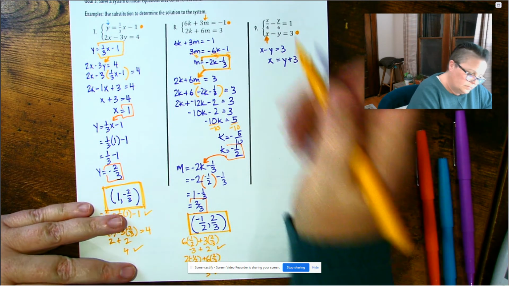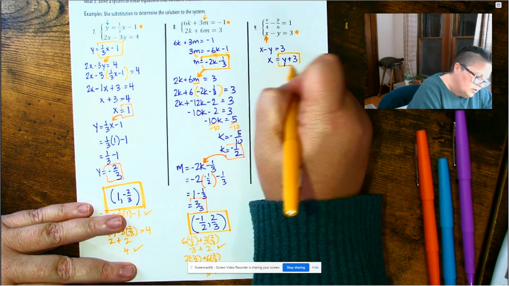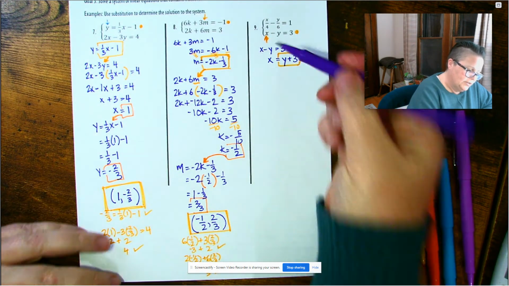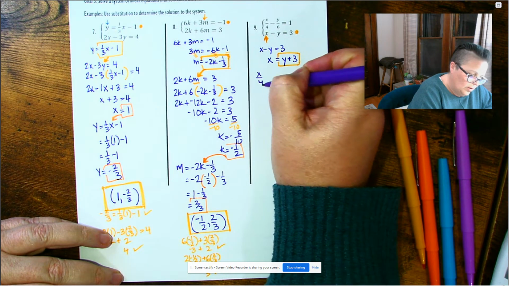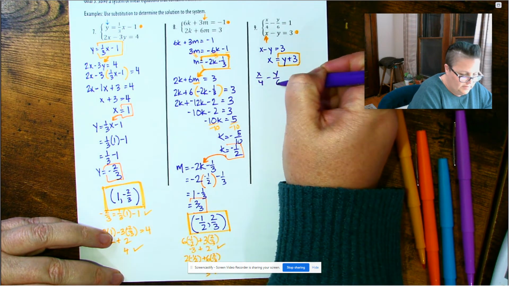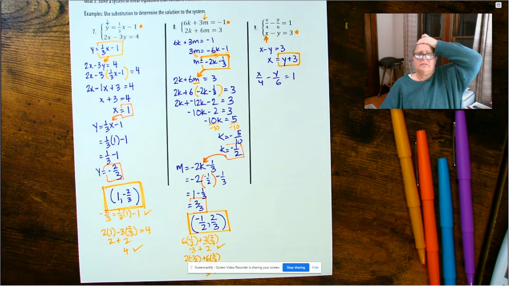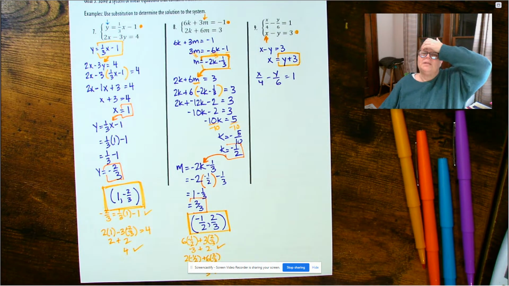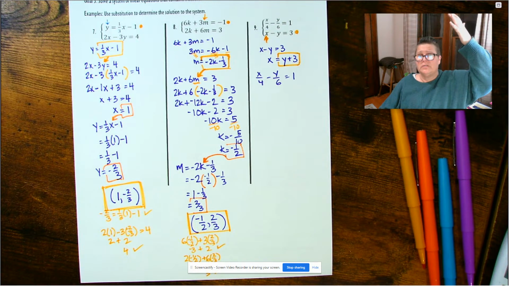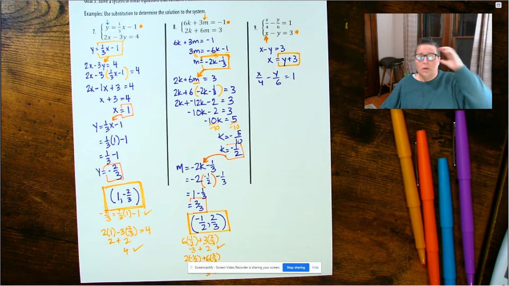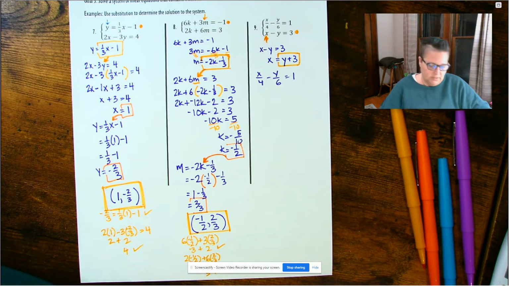Now, I do have this solved, but my second equation, which is x over 4 minus y over 6 equals 1, it's already a mess with the fractions. And I might want to eliminate the fractions first. Okay, so to eliminate the fractions, we're going to do what we've done with just about any time we've had fractions.